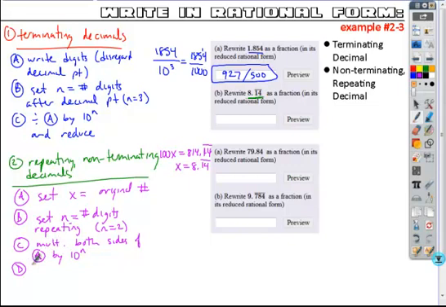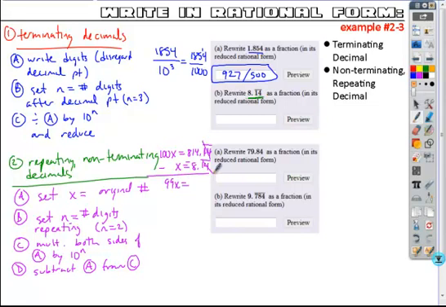My next step is to subtract my original equation, which is equation A, from the equation I just created in step C. So if I subtract these straight down the column, I get 100x minus 1x gives me 99x. Okay, so I get 99x here on the left side.